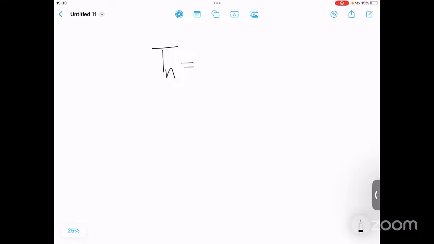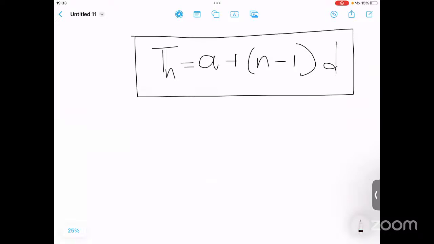This is A plus (n minus 1), you close that, and then you say D. This is the formula that you must use, Neoza. The one that you wrote there is going to be a big problem because I do not understand where you got that.